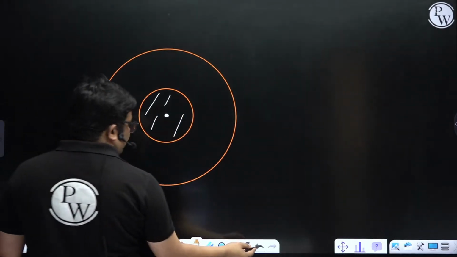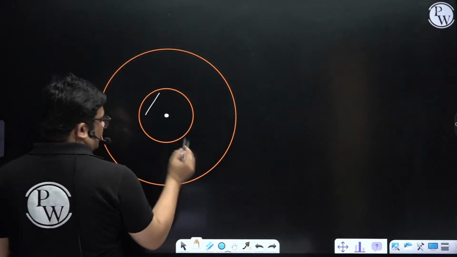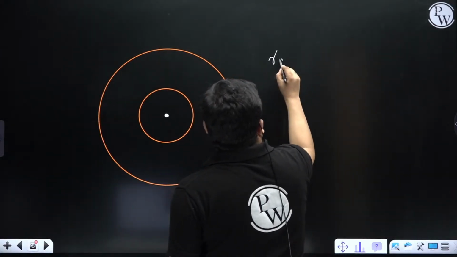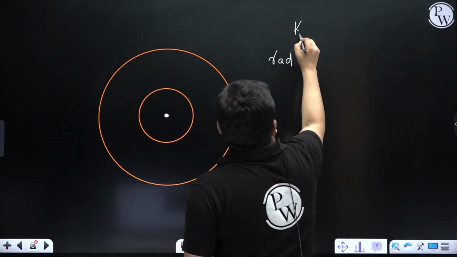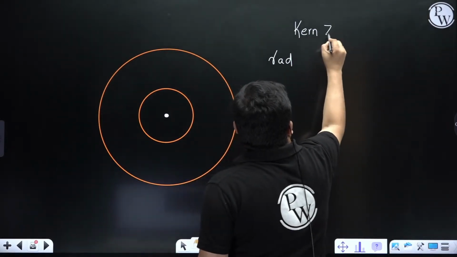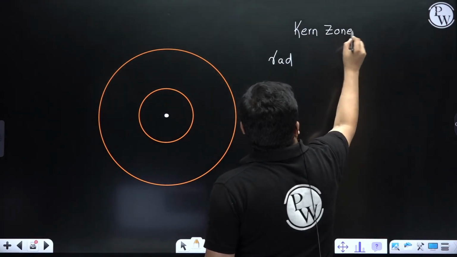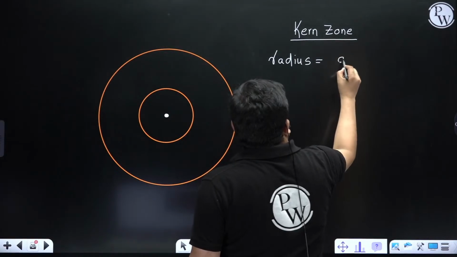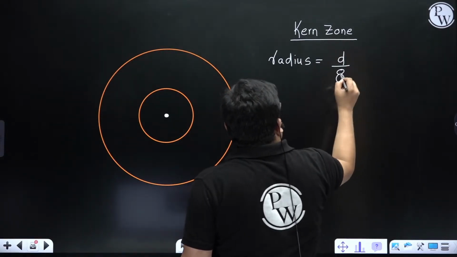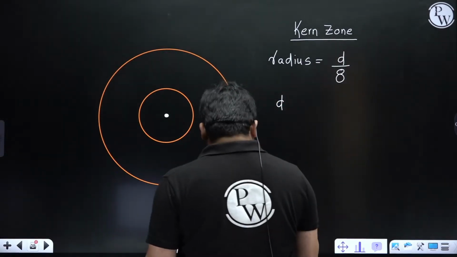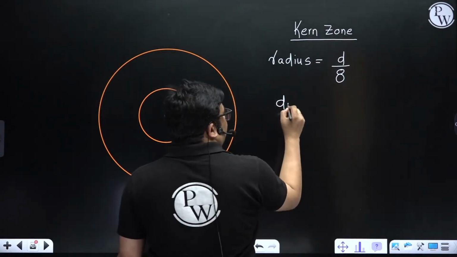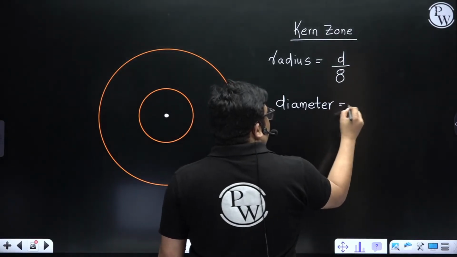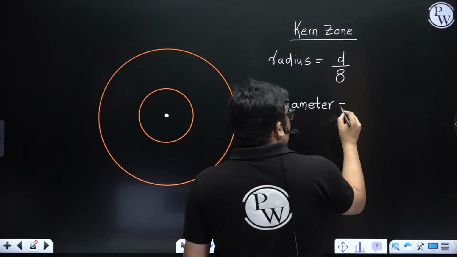This core zone for a circular section has a radius of d by 8. And what is the diameter of the core zone? The diameter of the core zone is d by 4, right?